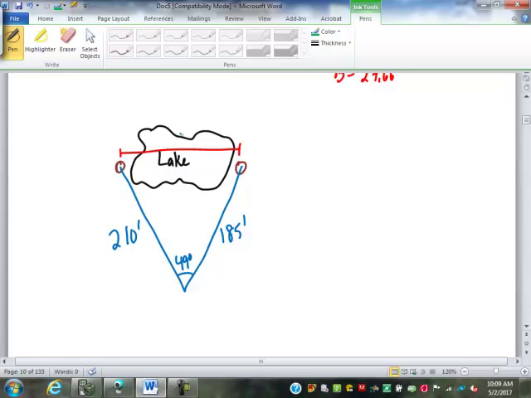So if I call this D here, how do I find D? Okay, D squared equals? We can go with 210 squared plus 185 squared minus 2 times 210 times 185 times the cosine of 49. There it is.